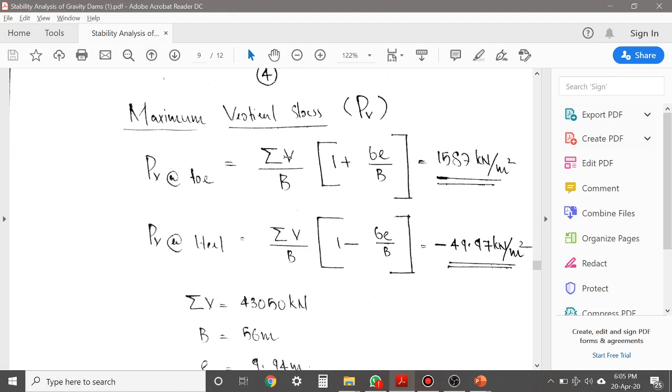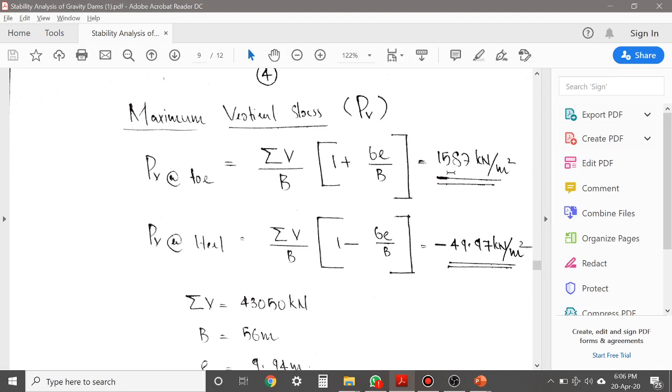Sigma v, you know that it is the sum of vertical forces, capital B is the base width, and E is the eccentricity. All the parameters have been calculated in previous steps. You can calculate maximum vertical stress at toe and heel. You can check the calculation.